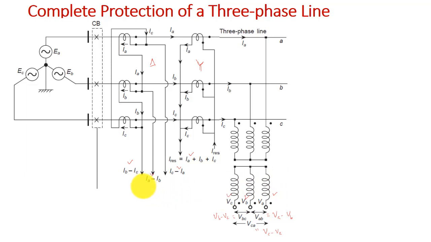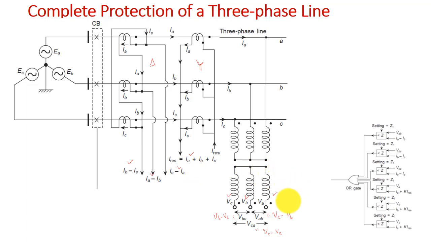So we found the current difference, voltage difference, and the residual current, which is required for our relay. Now we need to combine all these settings. We need the distance elements. How many distance units do we need? 1, 2, 3, 4, 5, 6.